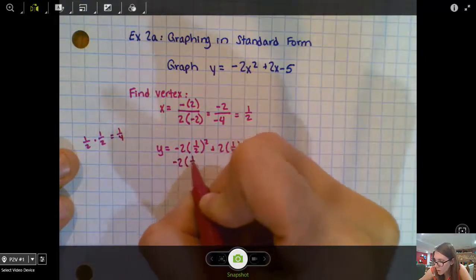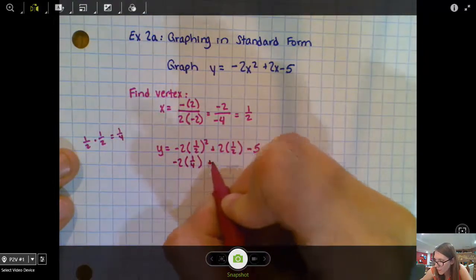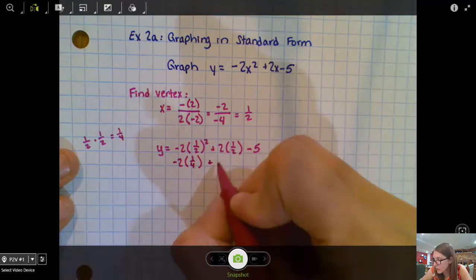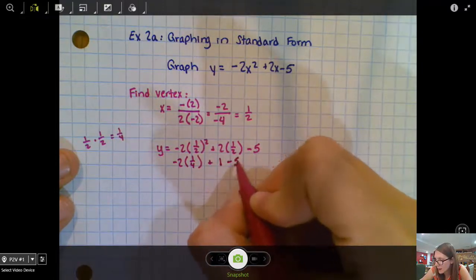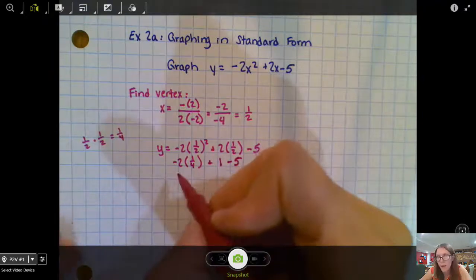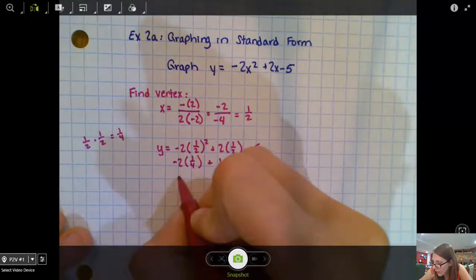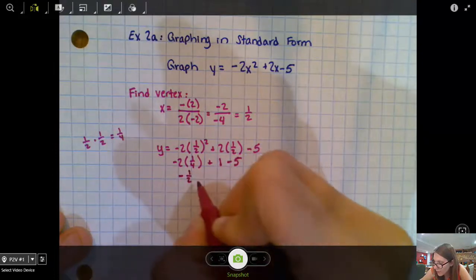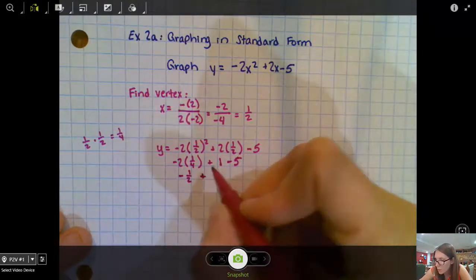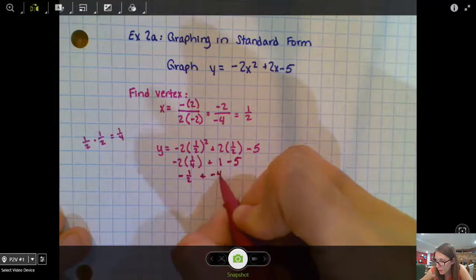So negative 2 times 1/4, well, 2 times 1/2 is just 1, minus 5. Negative 2 times 1/4 is going to be negative 1/2. Plus 1 minus 5 is negative 4.